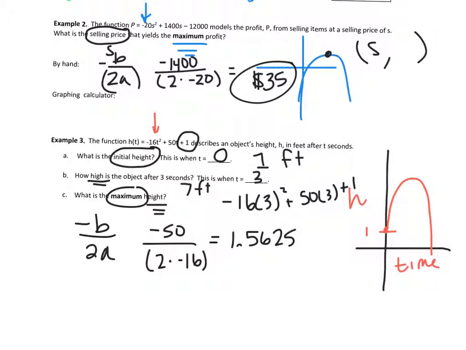So this does not represent a height. This represents the time in seconds. But I want to get the height. So if t equals 1.5625, I can plug that in for t to get the height.